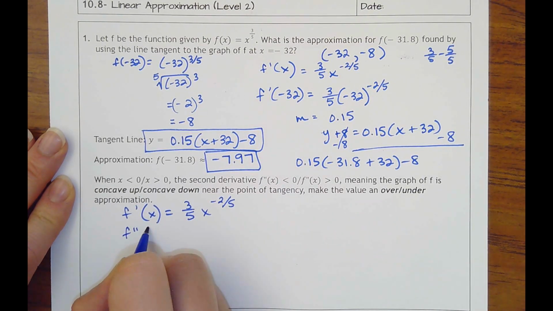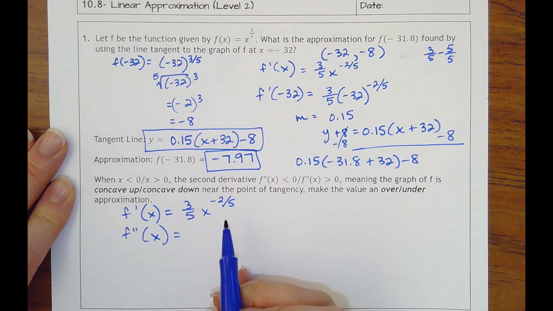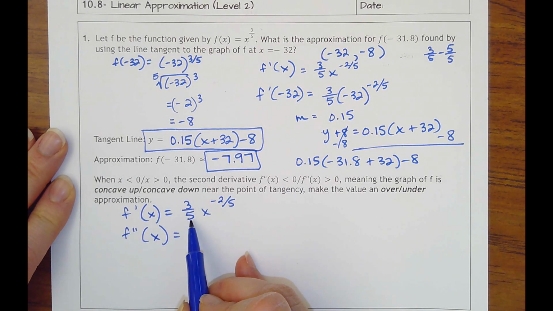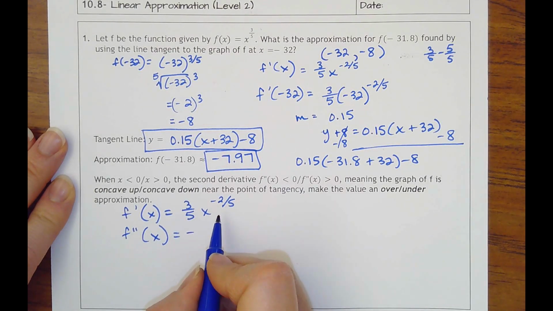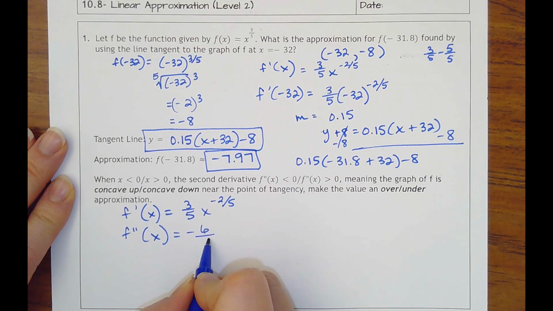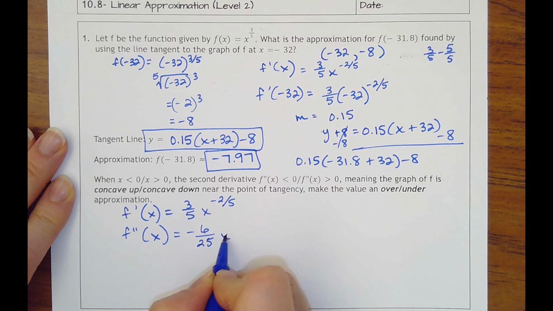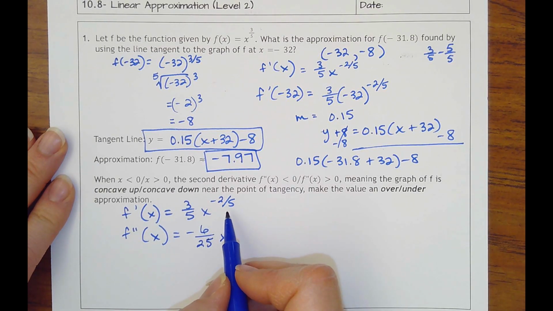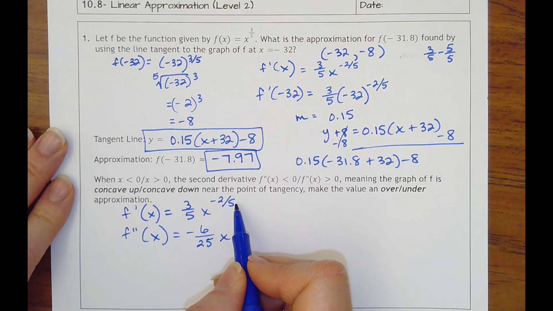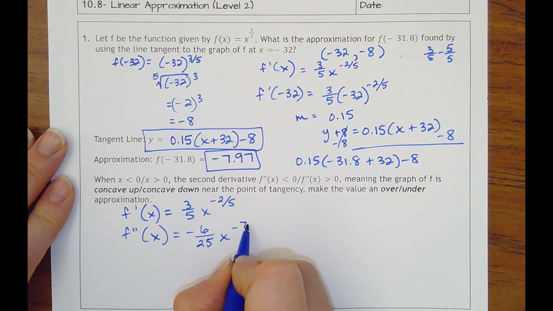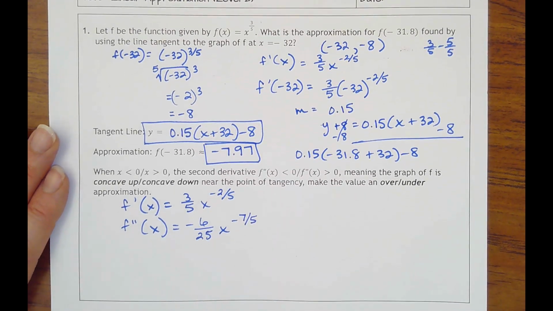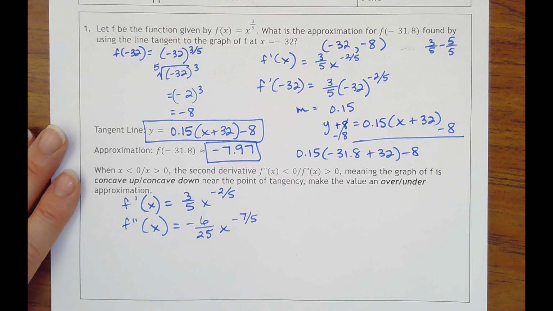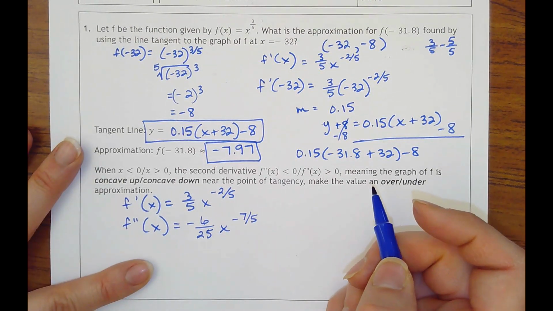We're going to take it a step further. 3/5 times negative 2/5 would be negative 6/25 x to the, subtract 5/5 from the power, so it'd be negative 7/5. Yuck. And you could fix it, of course, but I'm going to keep it like that for right now.